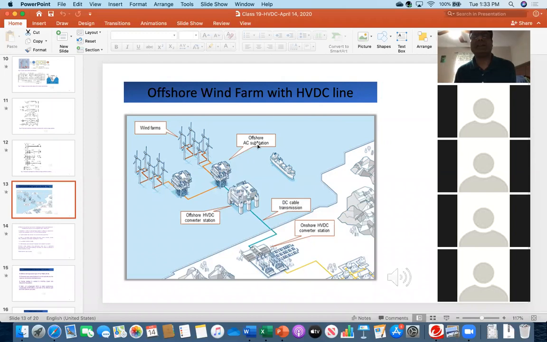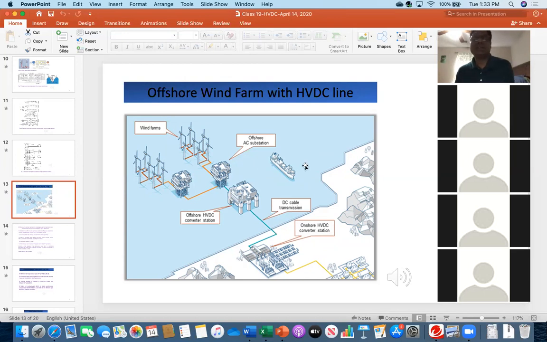Then here is the offshore AC substation, and then the offshore HVDC converter station. From here until the onshore is the HVDC or DC cable transmission system. So our concentration will be here.